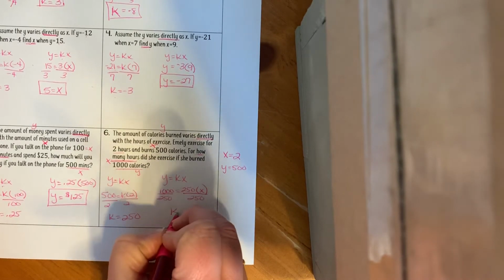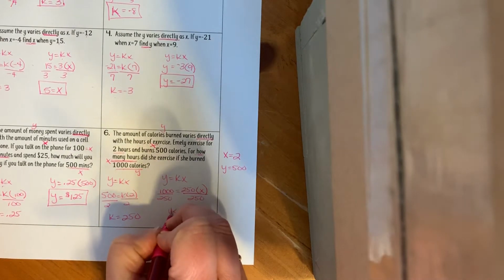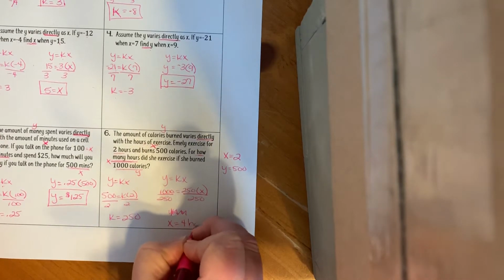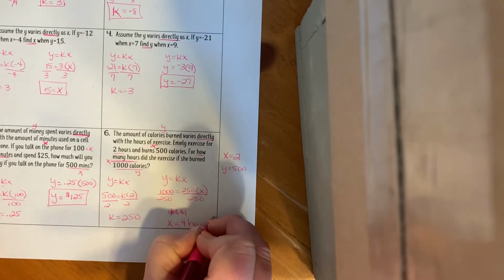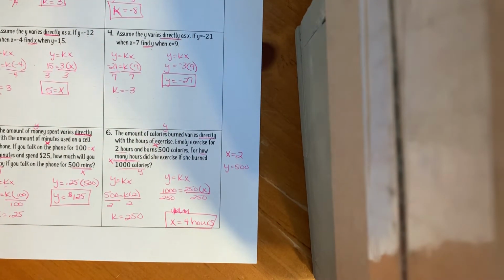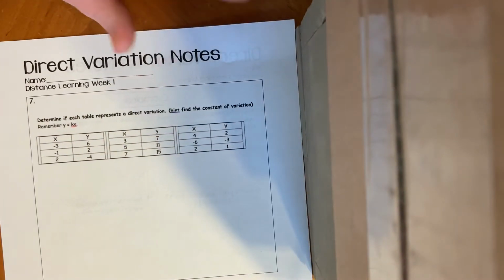I'm going to get x equals 4 hours. That means she would have to work out 4 hours to burn 1,000 calories. That is crazy. All right, last one. Hopefully no part 4. Fingers crossed this thing doesn't shut off.